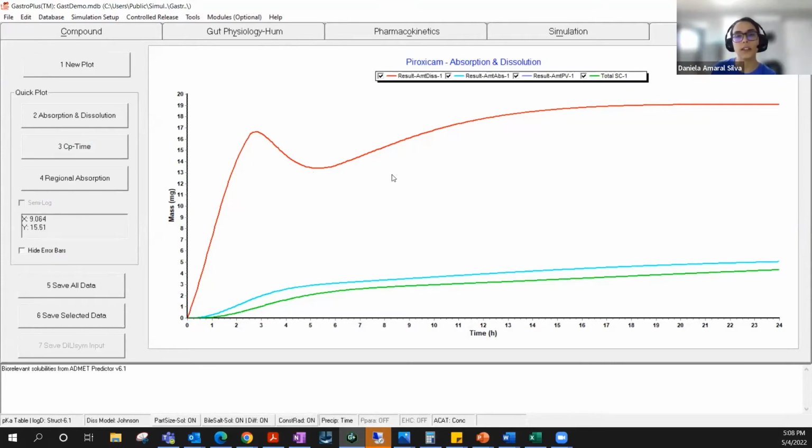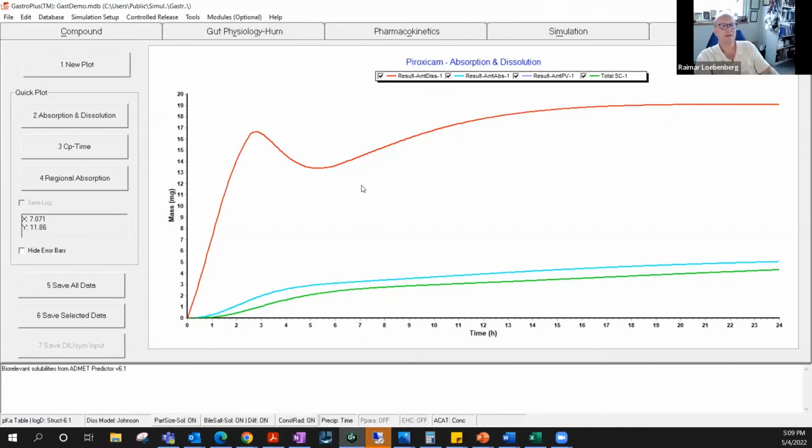And then they could see that obviously what was dictating the absorption is the permeability. This is very typical: when we have a problem with permeability, the blue lines, so the amount absorbed and the amount dissolved, really are far away from each other.